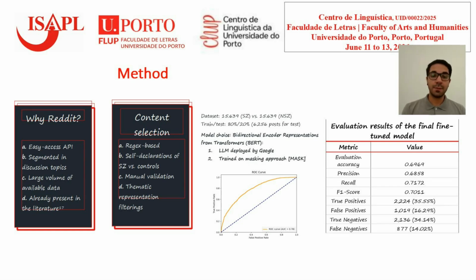We chose Reddit because it is already segmented in topics of discussion, so it's easier to find users discussing schizophrenia, and because it has an accessible API. We manually verified all self-declarations, and we used this post sample to fine-tune a BERT model, and it achieved an accuracy of close to 70%.